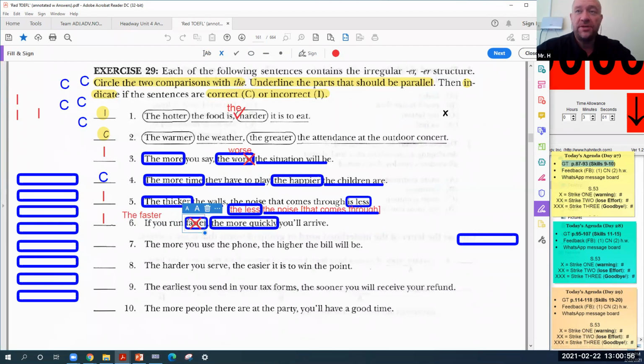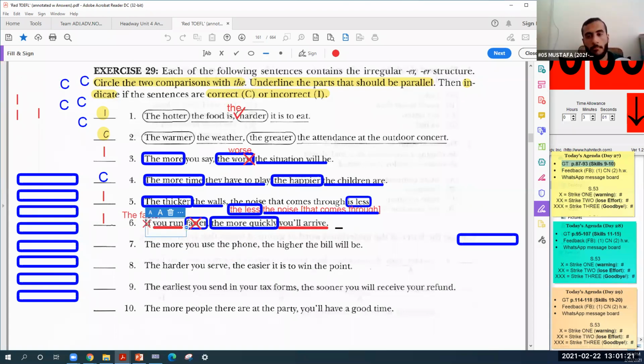The faster you run, the more quickly you'll arrive. And then what's the structure that we have? Subject, verb, and here, same thing. Subject, verb. All right.